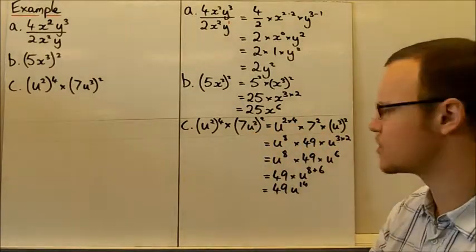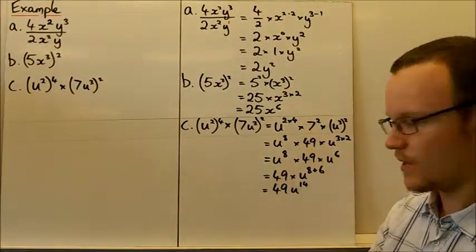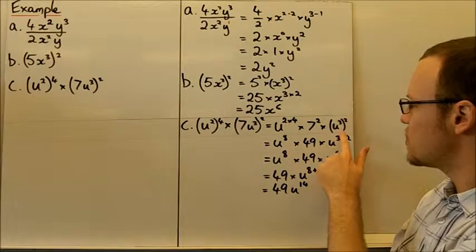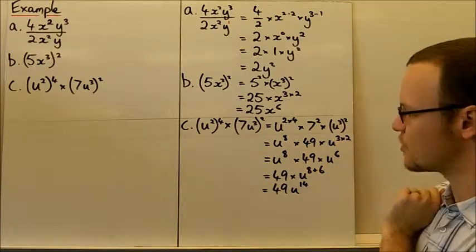So u to the power of 2 times 4 is u to the power of 8. 7 squared is 49. And u to the power of 3 all to the power of 2 is the same as u to the power of 3 times 2.